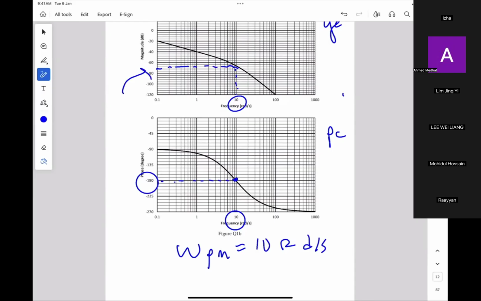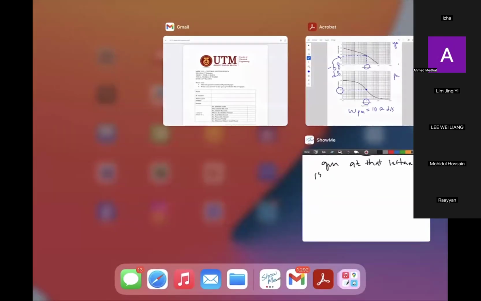What is the magnitude reading over there at 10 radian per second? Minus 68 decibel. Okay, minus 68 decibel.